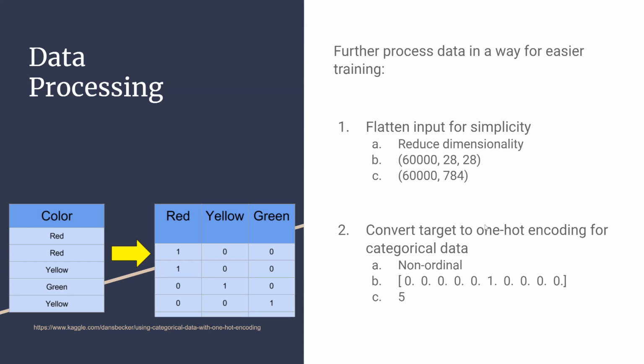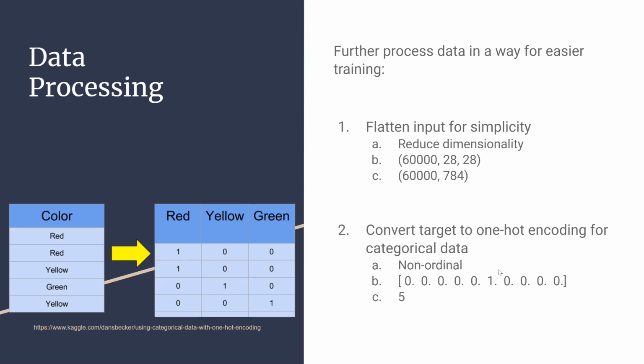What one-hot encoding is, basically, if you look at this diagram here, in this example, it's different colors. How I see it is you just put the 1 in a different slot. So red would be 100, yellow would be 010, and green would be 001. And that was for colors.